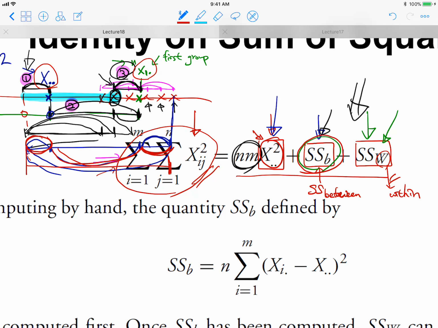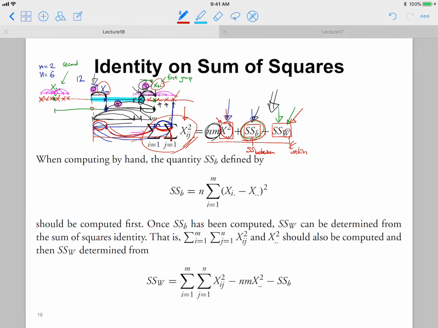This part is represented by this guy, which is the square difference of individual sample and its corresponding sample mean. Okay, so this is quite an important identity about this sum of squares.